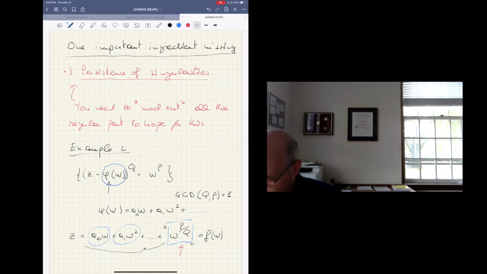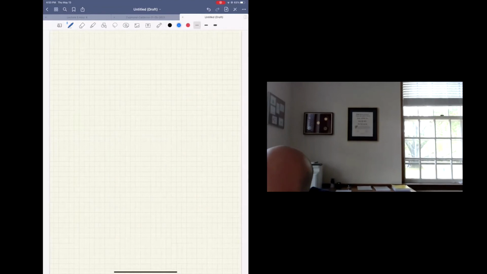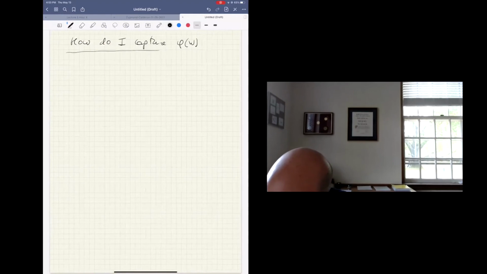Okay? So how do I actually capture phi of W? Well, in the case of harmonic functions, there is a very simple way of doing this. This phi of W in the example which I just told you is actually equal to the average of the sheets.